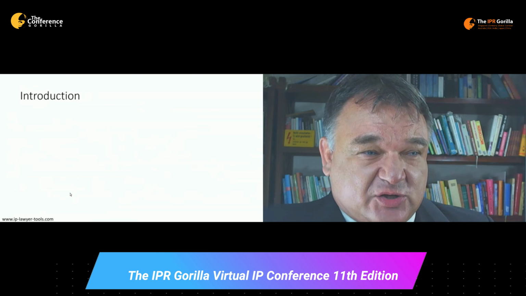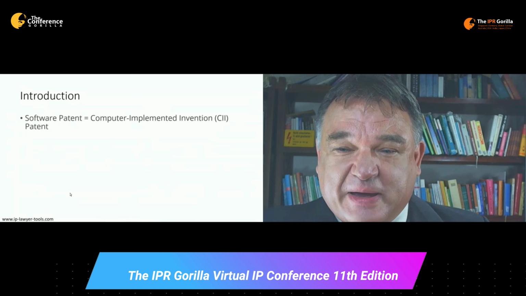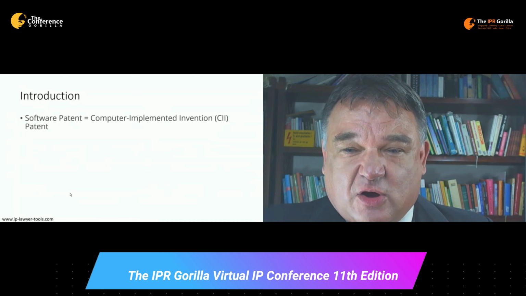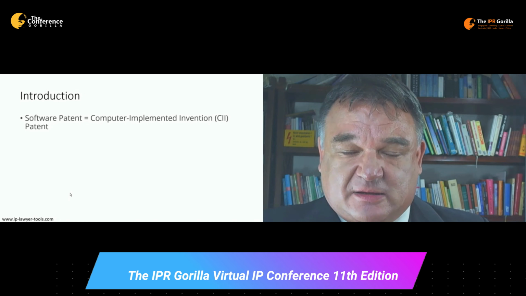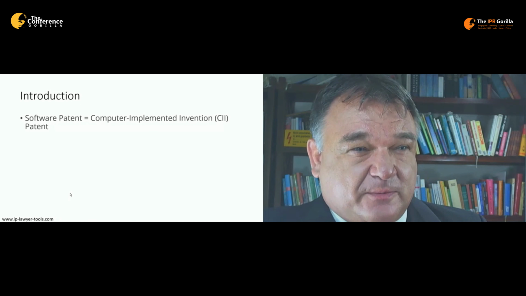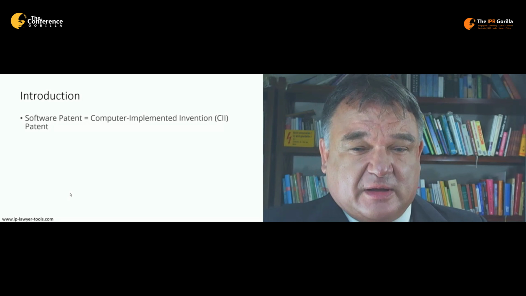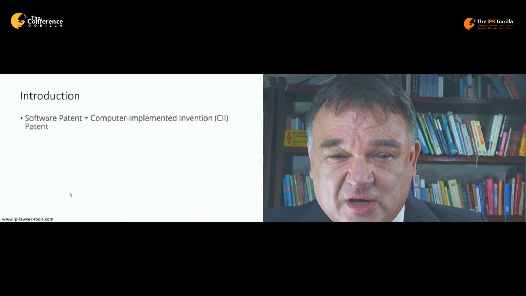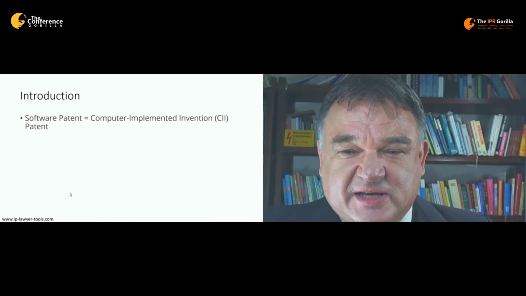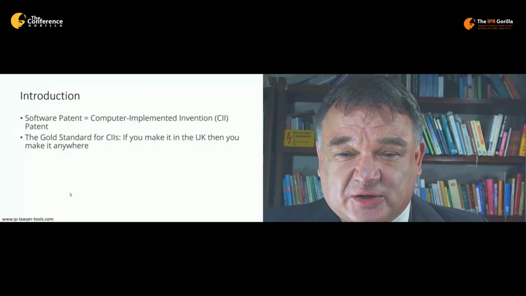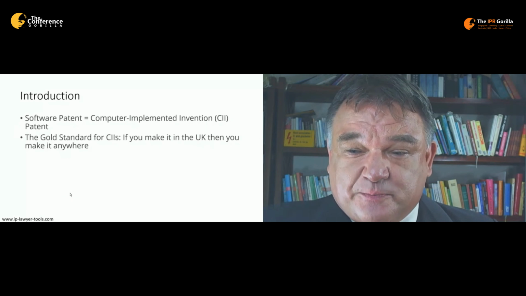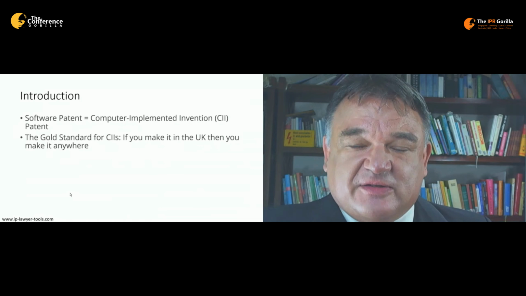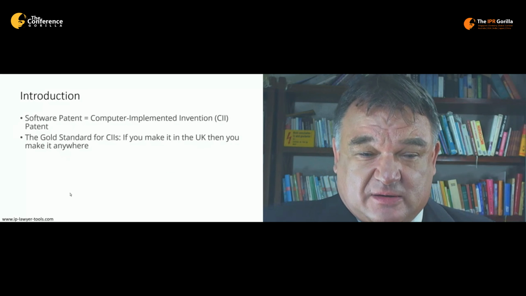About the introduction first, let's define a software patent. It is what I understand as a computer implemented invention patent. When I started in the profession almost 30 years ago, we only spoke about computer software patents or software patents, and today we call them CII patents. The gold standard for CIIs is, if you make it in the UK, then you make it anywhere in this world.